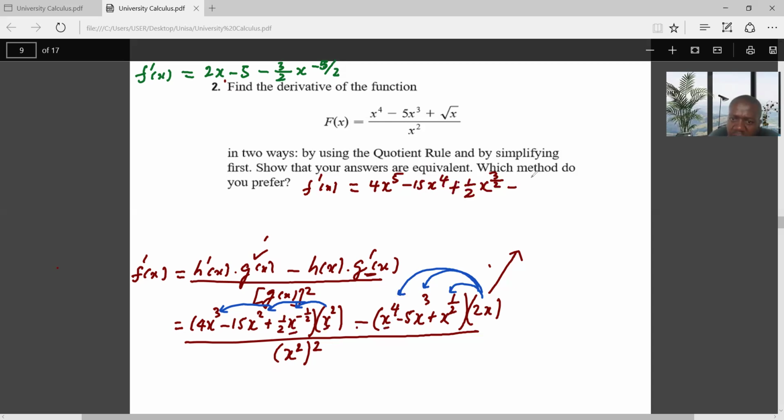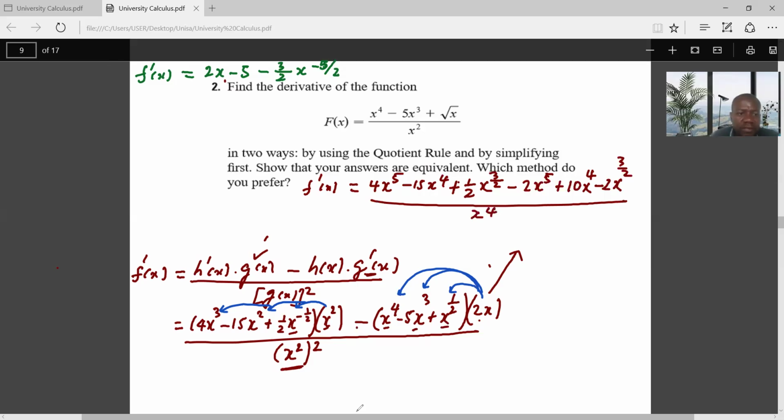This one times that will be negative 2x to the power 5. Then negative and negative will be positive. 5x with this one will be 10x to the power of 4, if I'm not mistaken. And lastly, this one and that will be negative 2x to the power half plus 1, which is 3 over 2. Everything divided by, let's work this out, this will be x to the power 4.